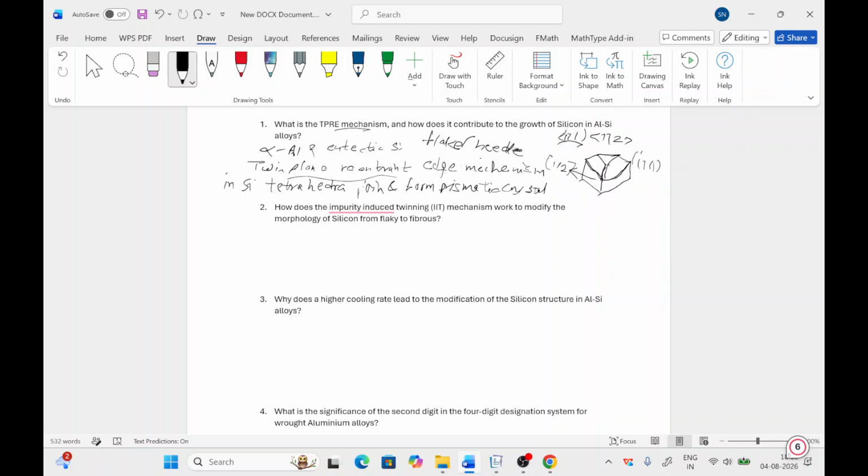Okay. Then the second question is, how does the impurity-induced twinning mechanism work to modify the morphology of silicon from flaky to fibrous? So now this flake shape we don't need for good mechanical properties. So we use some type of modifiers to inhibit the growth in the 112 direction.